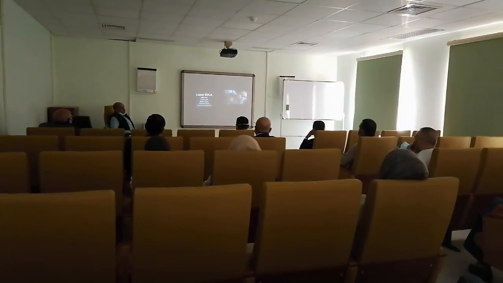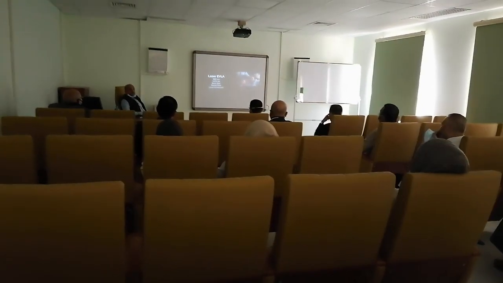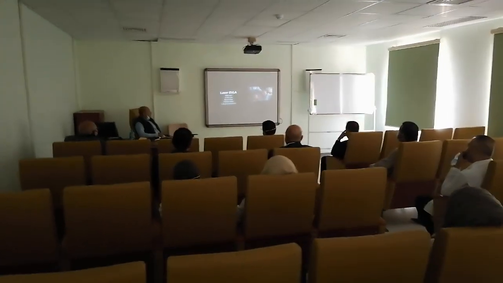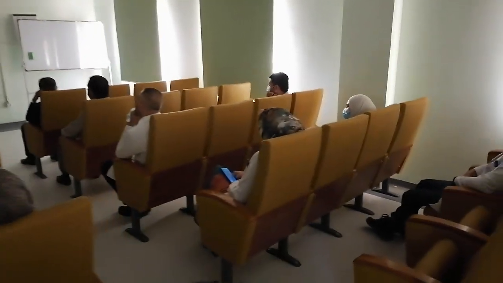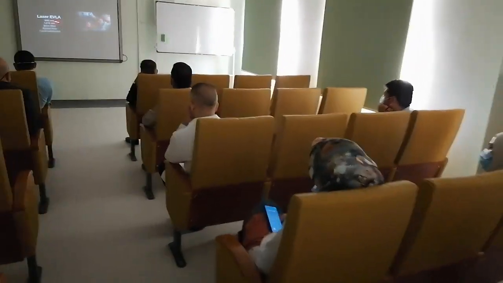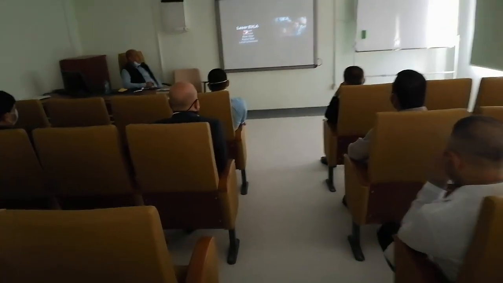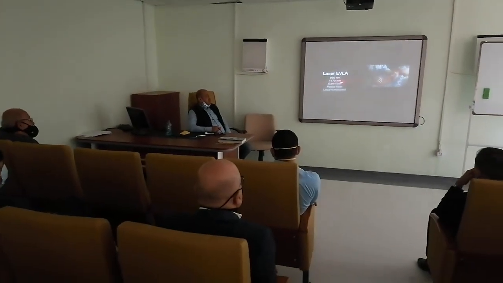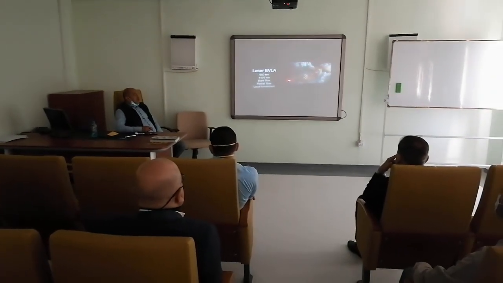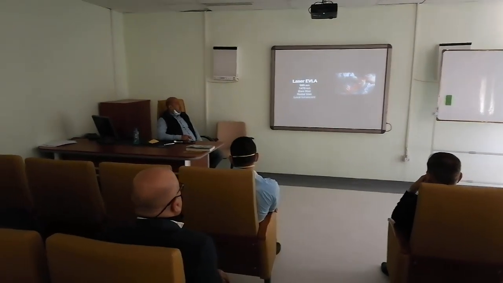There is a lot of talk nowadays about laser and its role in the management of varicose veins. Endovascular laser ablation comes in different modalities: the old one with 980 nanometer, and nowadays 1470 nanometer. The fibers are also different.